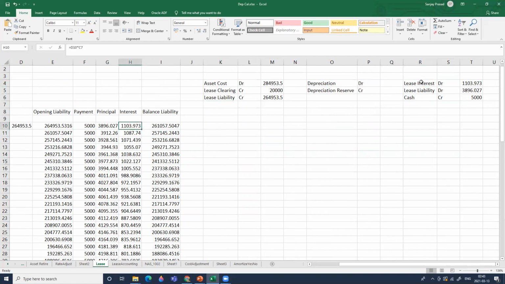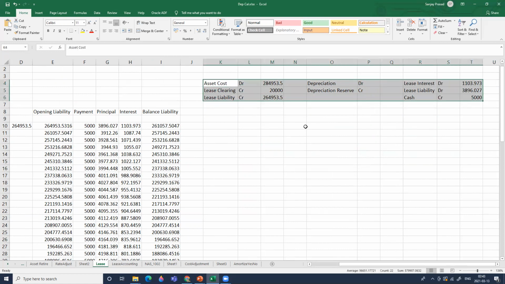The interest will go to the lease interest account, which we configured at the asset category level. The principal part will set off the liability part. So debit interest, debit liability, credit cash. This is the overall accounting, but obviously when we do it in the system, the accounting will be a bit different, which I will show. But conceptually, this is how accounting should happen.